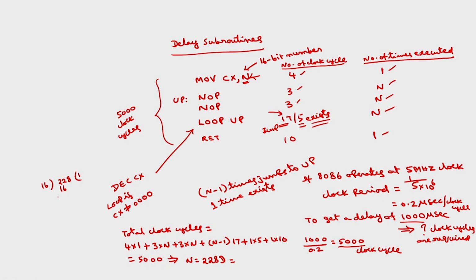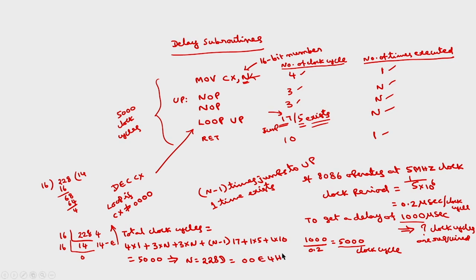If you want to convert 228 into hexadecimal, 16 14s are 224, 4 is the remainder; 16 zeros, 14 is the remainder. So, 14 is nothing but E, and you have to read from bottom to top. So, this is equal to 00E4H.